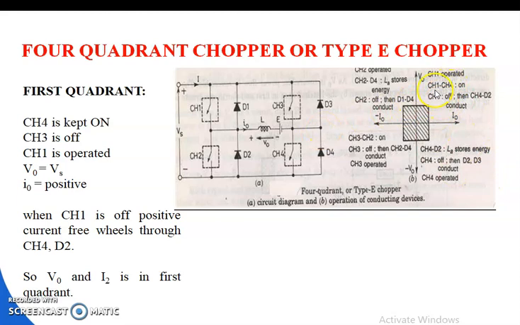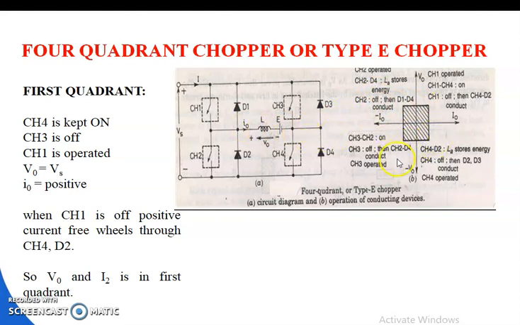In the first quadrant, CH1 and CH4 conduct, and then when CH1 is off, CH4 and D2 start conducting by following this particular path. In the second quadrant, similarly CH2 is operating, CH2 and D2, and the inductor stores energy. Then CH2 will be off, then D1 and D4 start conducting.